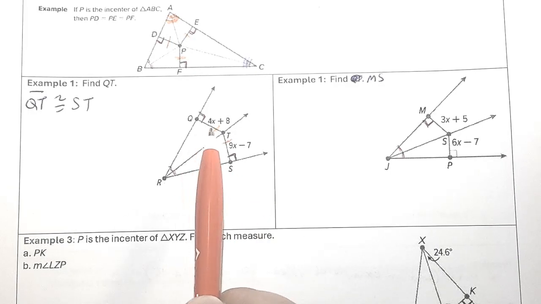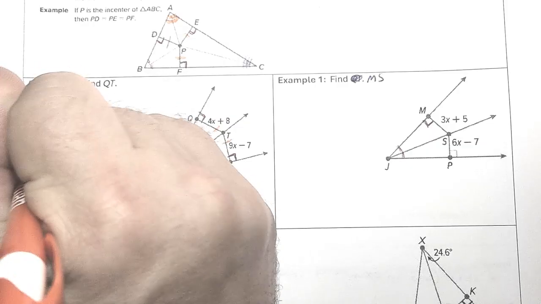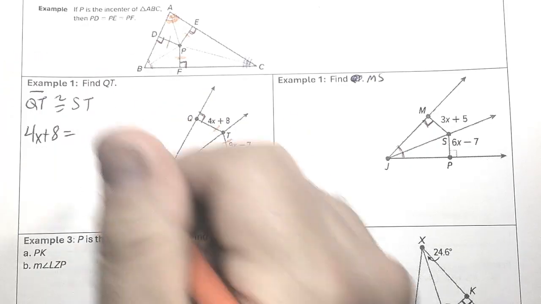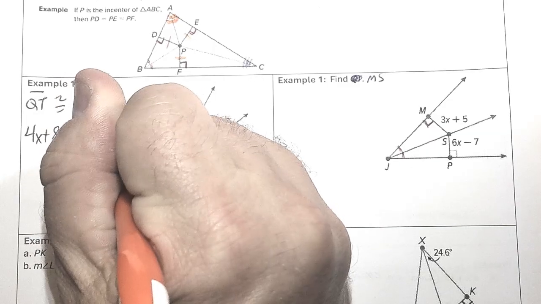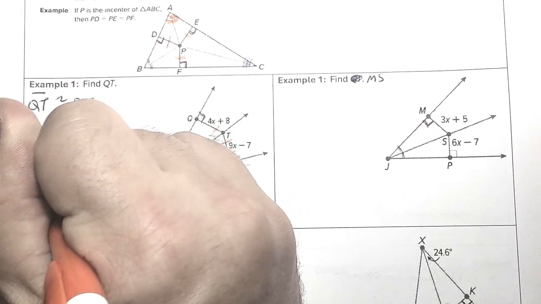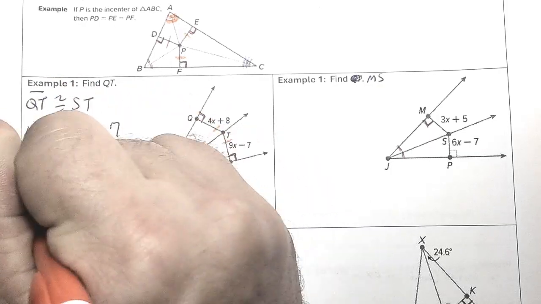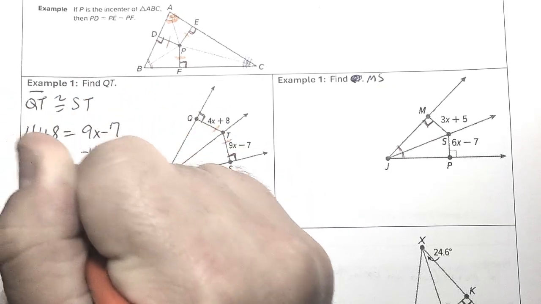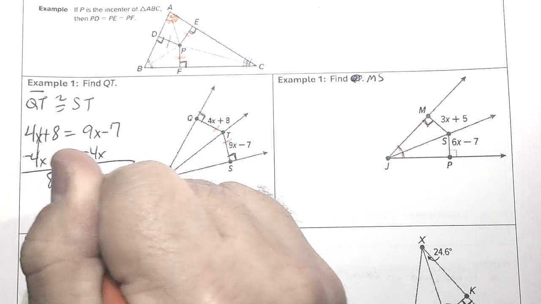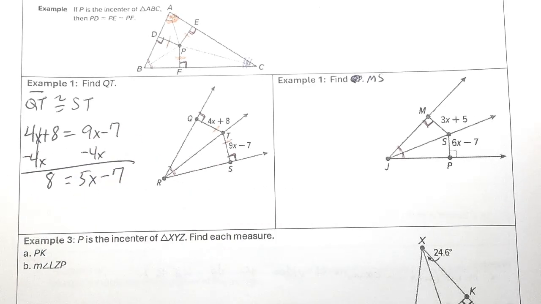QT is 4x plus 8 equals ST, 9x minus 7. You know me, I like to start with the smaller of the two variables, so we're going to subtract 4x from both sides. It cancels over there. 8 comes down. 9x minus 4x is 5x. And then our negative 7 comes down.